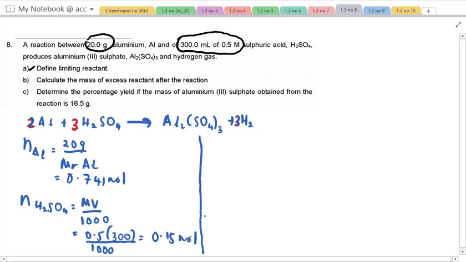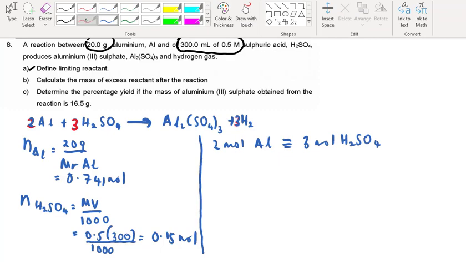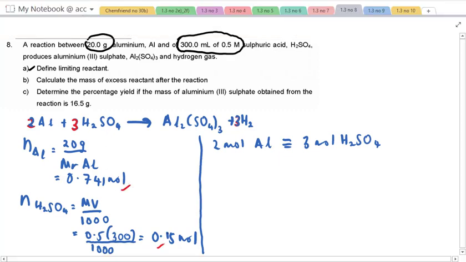Mole for both reactants. Then from the equation, 2 mole of aluminium reacts with 3 mole of sulfuric acid. Since we have provided mole, what is the provided mole? Mole yang ada dalam tangan, 0.741 mole and 0.15 mole of sulfuric acid.